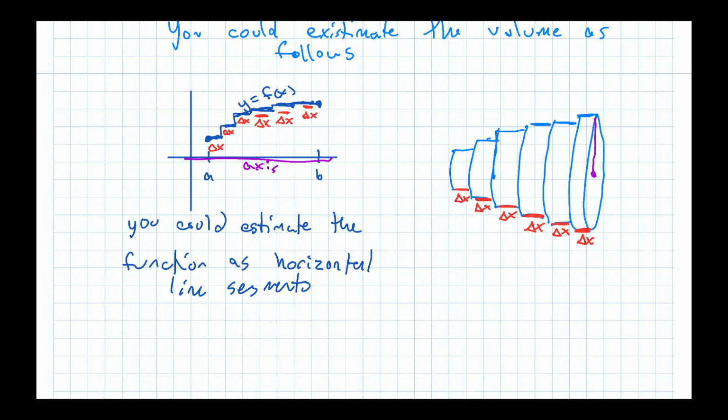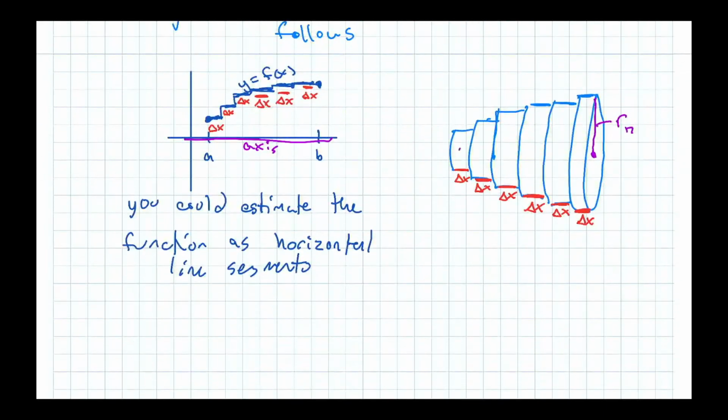So this would be a certain radius here. The first one has a radius of R1, the second one has a radius of R2, and the third one could have a radius of R3, dot, dot, dot. This one is Rn minus 1, and then finally Rn.